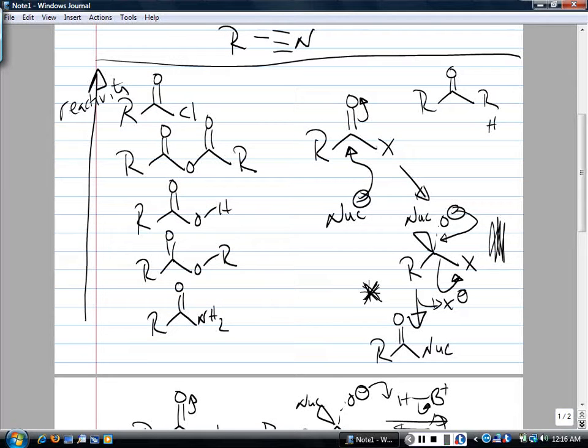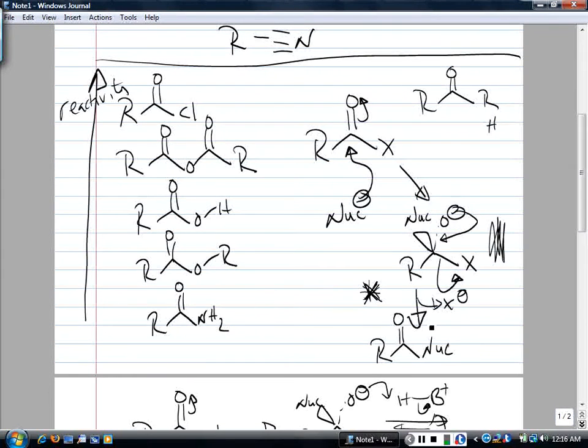Well, if I say all of these compounds are carbonyls, when X is Cl, the Cl bleeds electron density from the carbonyl carbon, making the carbon very positive, right? More positive. So the nucleophile is encouraged to attack it, and so I get a faster attack. But chloride is also a very good leaving group.